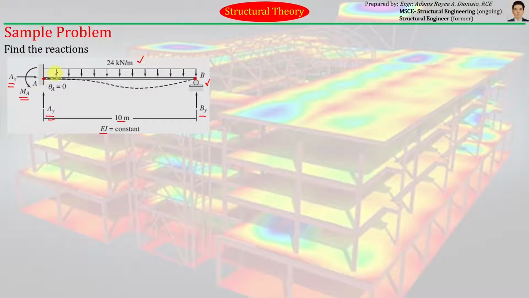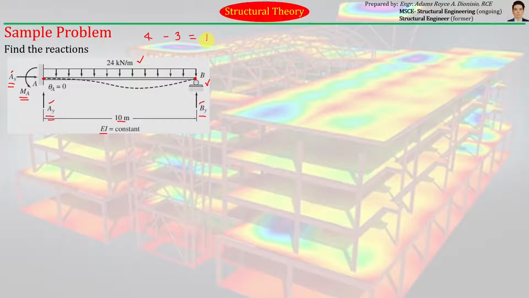Simply because we have how many unknowns? One, two, three, four. We have four unknowns, but we only have three equations of equilibrium. So we have one unknown that we cannot solve. So basically, this structure is indeterminate to the first degree.